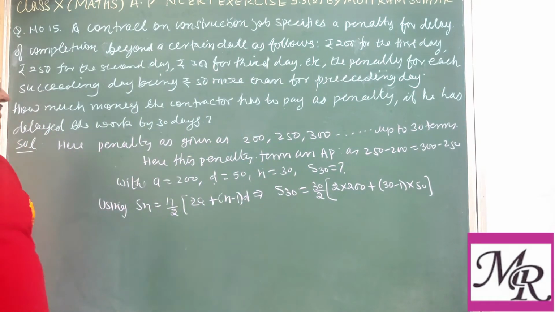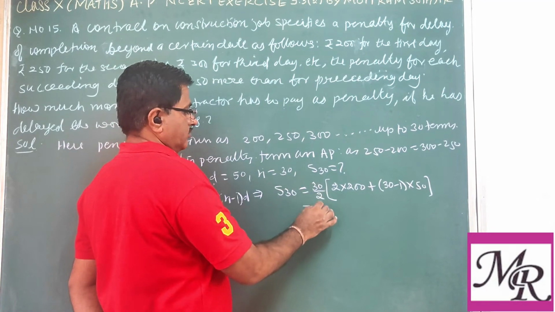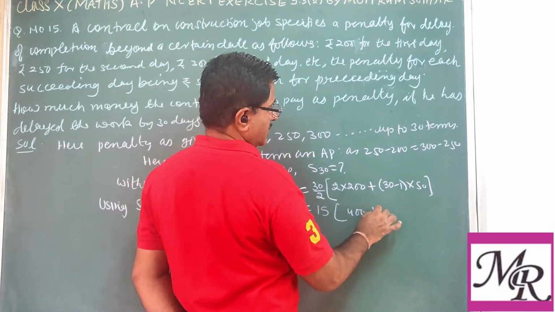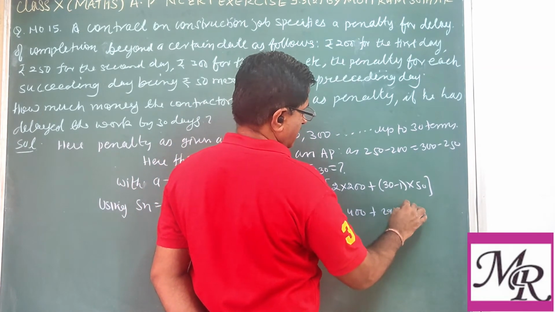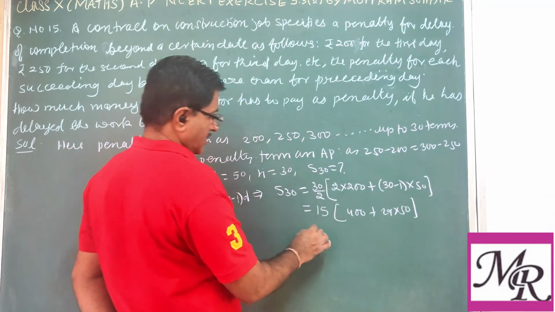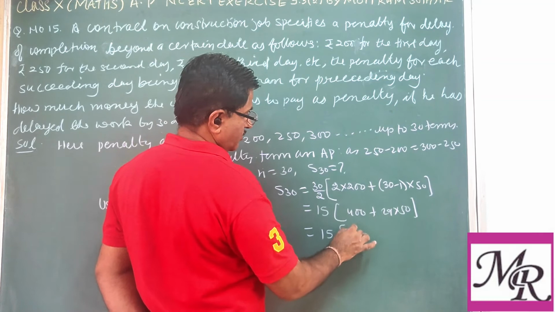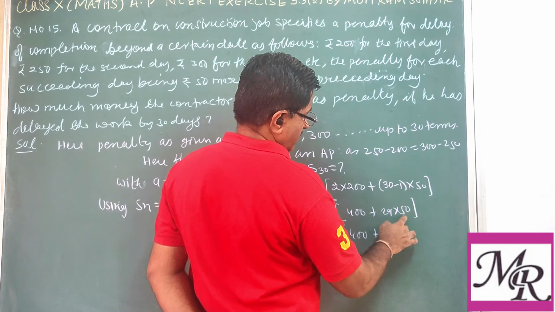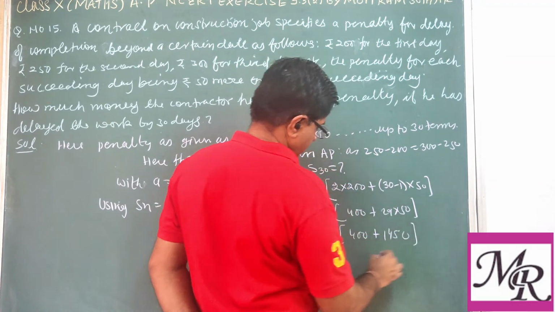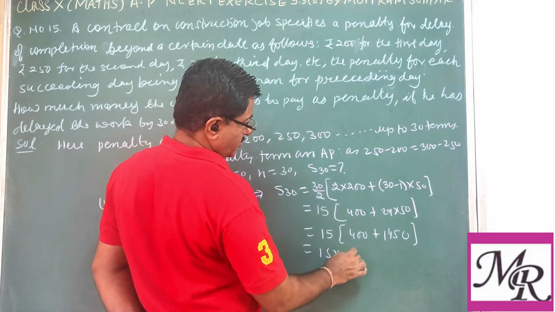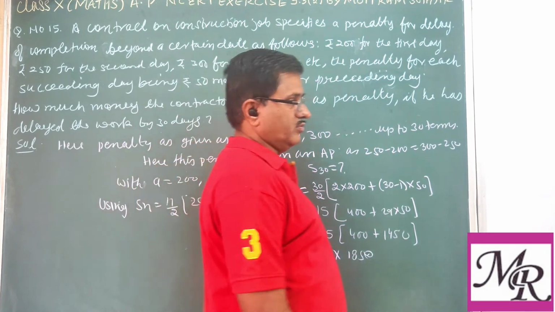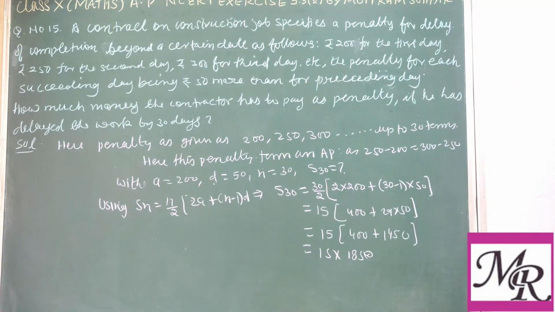Now we solve this. 30 by 2 is 15, 200 into 2 is 400, 30 minus 1 is 29, into 50 is 1450. So 15 into 1850. We can multiply this to get the total penalty.